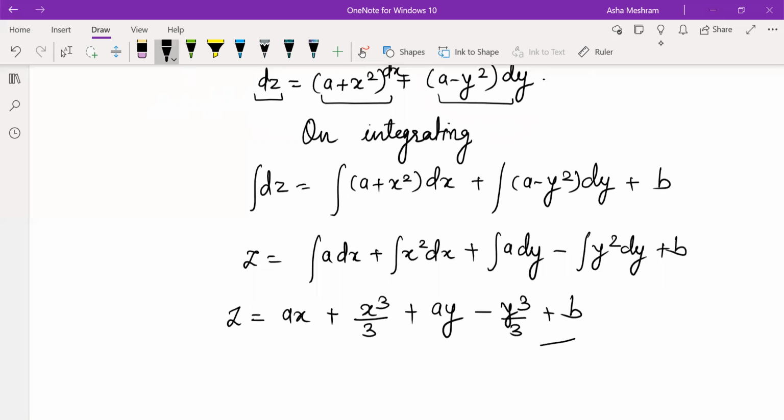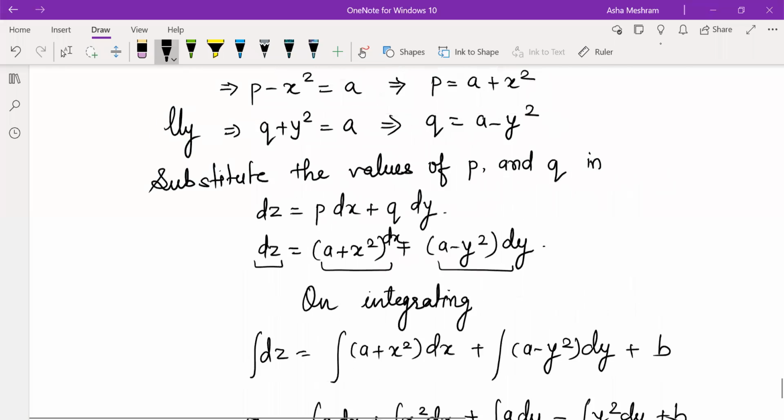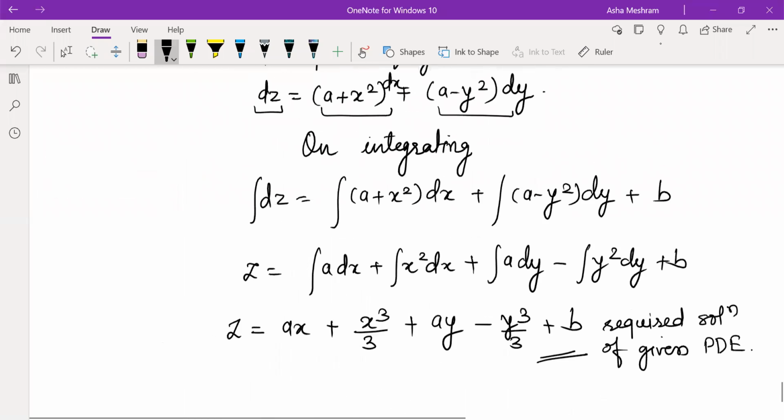So this is our final solution. This is the required solution of the given partial differential equation. Okay, so that is over example number 25.